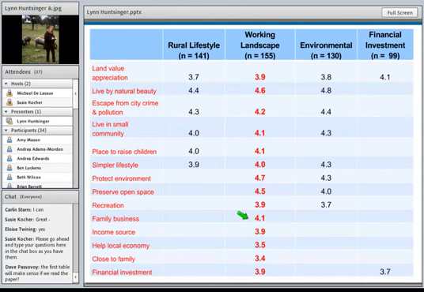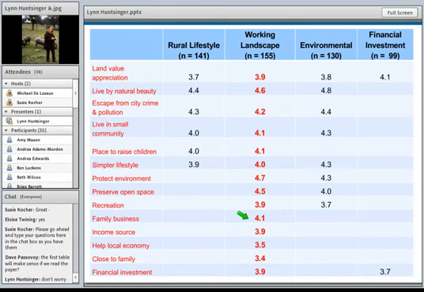There's a lot of amenity values, which has been shown in a lot of literature, that even ranchers and forest producers are very interested in these kinds of amenities, but in addition they have to consider business.